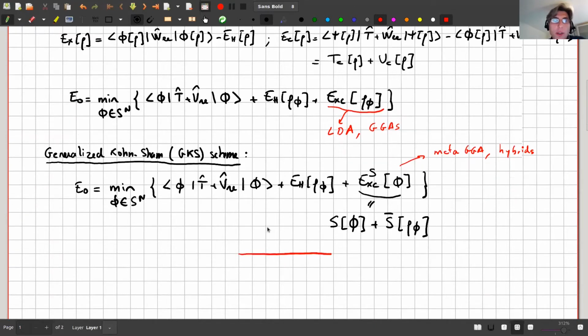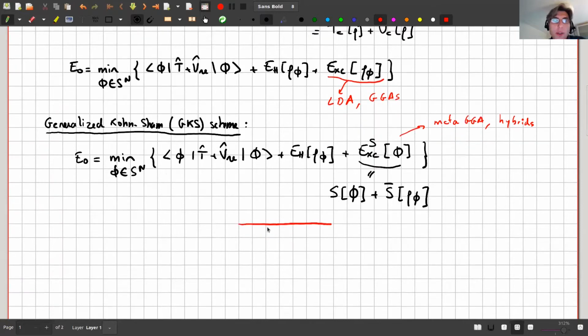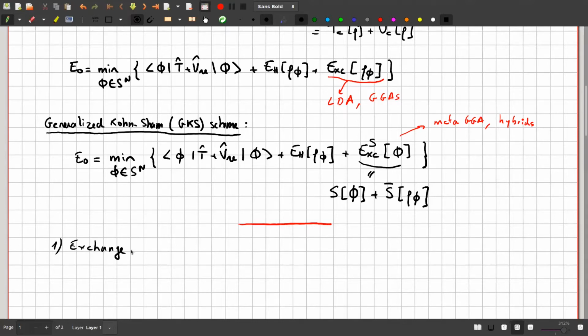And before we really go into the actual approximations, I need to introduce the exchange and correlation energy densities, because that is usually the quantity that is approximated in practice.